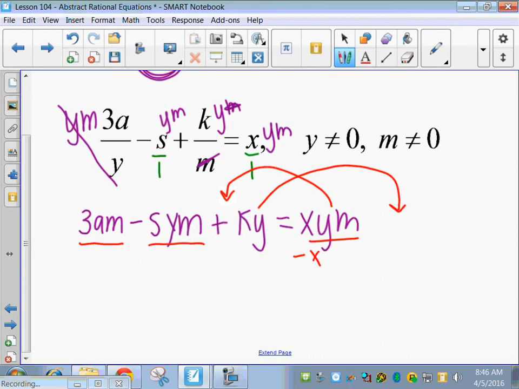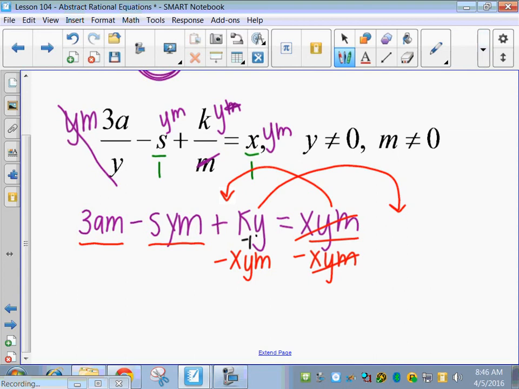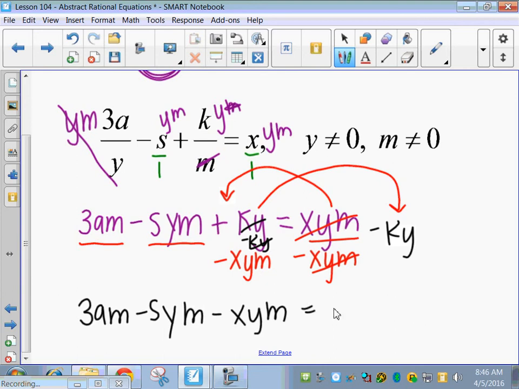So I'm going to subtract xym so that it moves to the left-hand side here. And at the same time, I'm going to subtract the ky so that it is on the opposite side. So we have 3am minus sym minus xym equals negative ky.